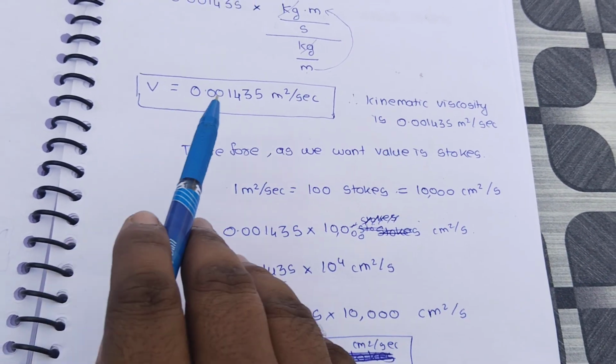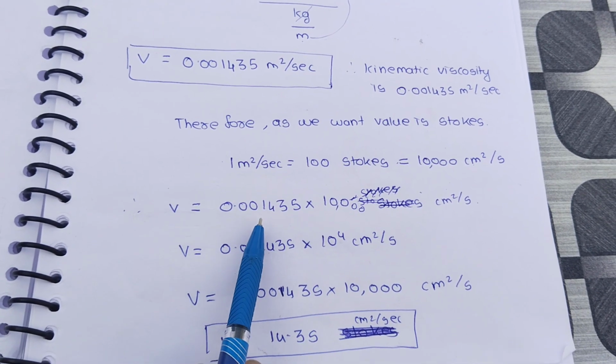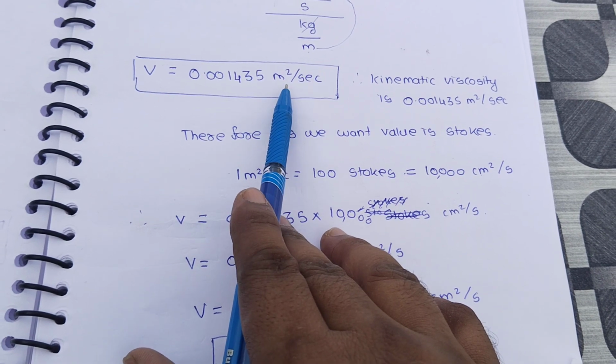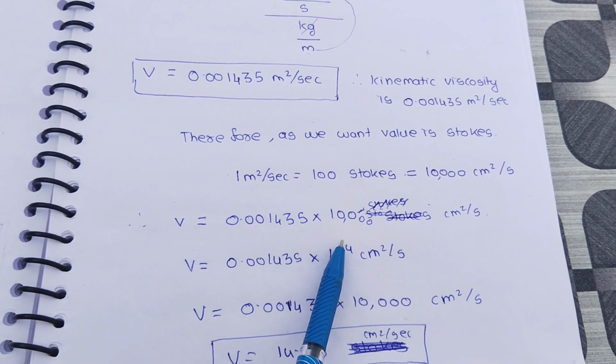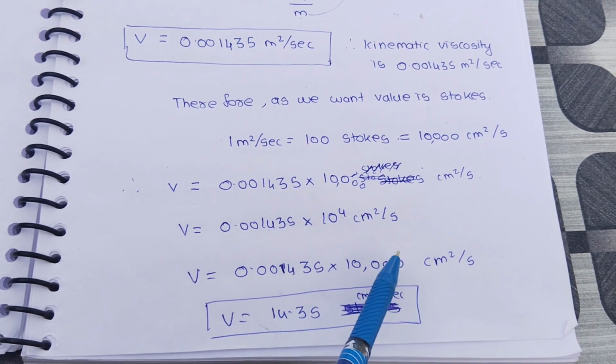So first we will convert the value from meter square per second to centimeter square per second. For conversion we will multiply by 10,000. So we will get 14.35 centimeter square per second.